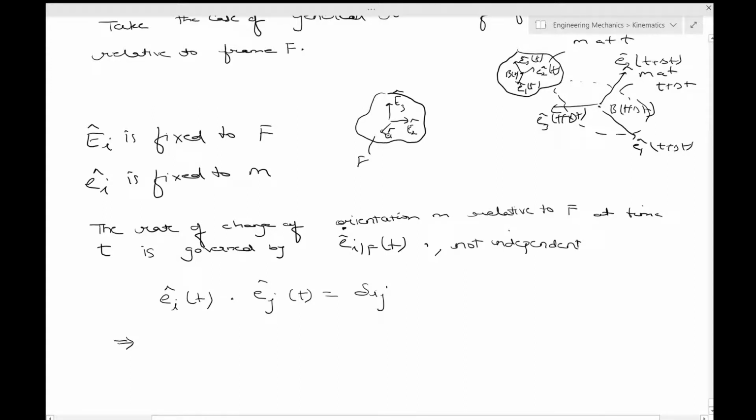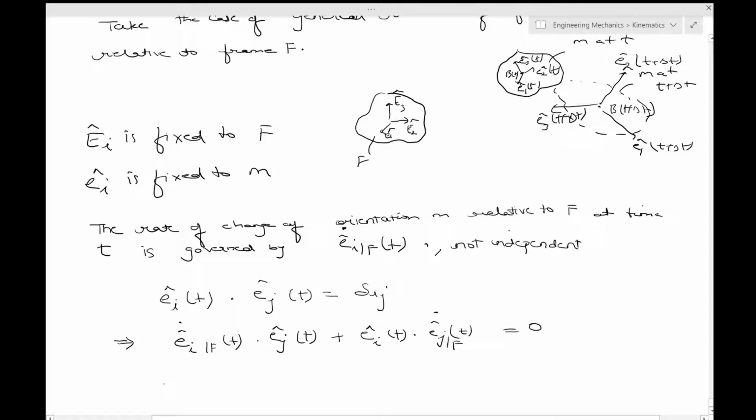So if you differentiate this with respect to time, one would get the derivative of ei dot ej plus ei dot the derivative of ej, with respect to F, because it's a time derivative, and this is equal to 0 because delta ij is either equal to 1 or equal to 0. In either case, the derivative of that will be equal to 0.